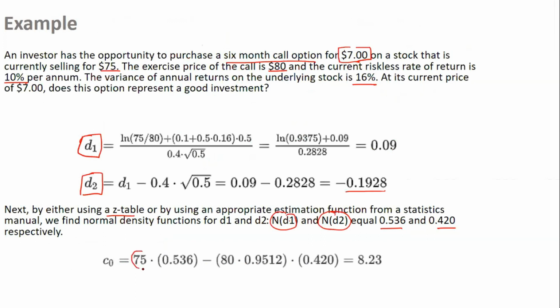So your spot price, which is 75, multiplied by N(D1), which is 0.536, minus your strike price multiplied by N(D2), which is 0.420. This is the number you are going to get. That means this option should be priced at 8.23. The market is charging us what? $7. According to us, it is far more valuable, so it makes more sense to purchase this option.